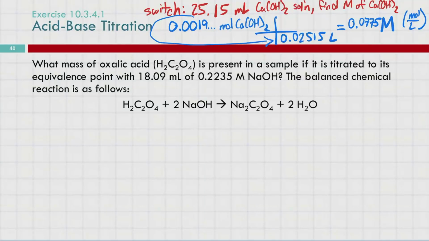All right, so sorting some of our information. We were given two numbers that go with sodium hydroxide. These numbers go together, meaning that they're paired, they're matched, they're for the same chemical. And we are asked to find mass of oxalic acid, and we're given a chemical formula for that, conveniently.